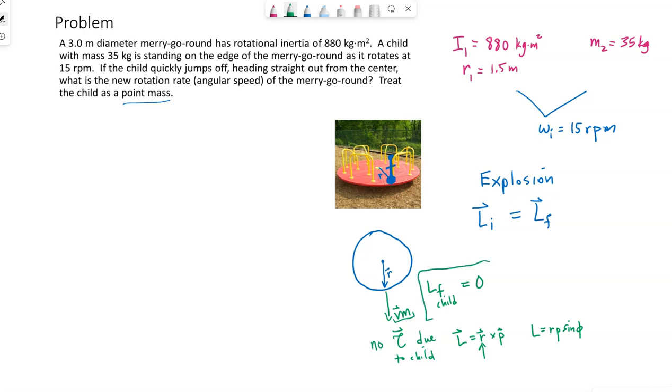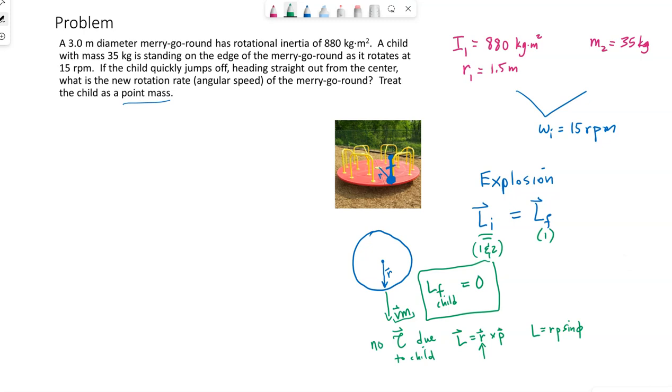So what this is defining for us is that the child has no angular momentum relative to this rotation axis after they jump off. So that means initially is the two of them together. Finally is just the merry-go-round.